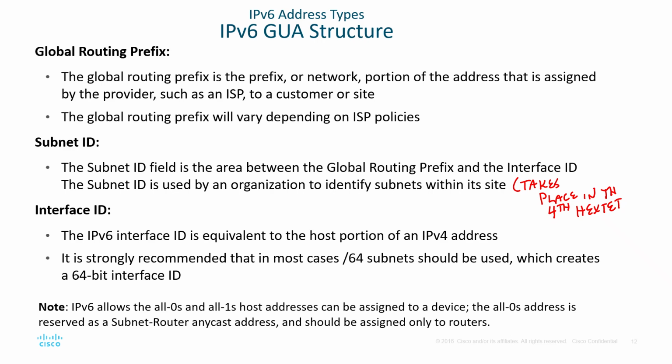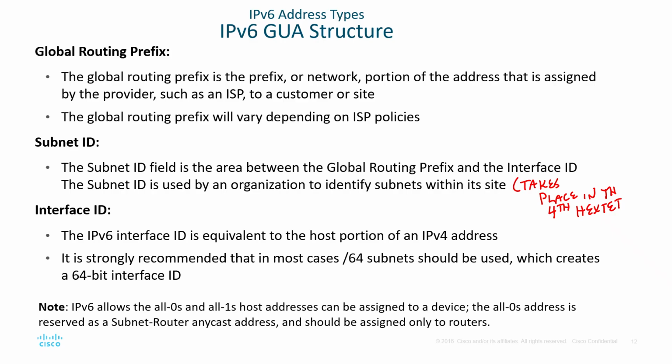Now, the interface ID is equivalent to the host portion of your IPv4 address. It is strongly recommended that in most cases you use a /64 subnet. That is going to create a 64-bit interface ID. Now, a note here. In IPv6, they do allow the all zeros and the all ones host addresses, which can be assigned to a device.